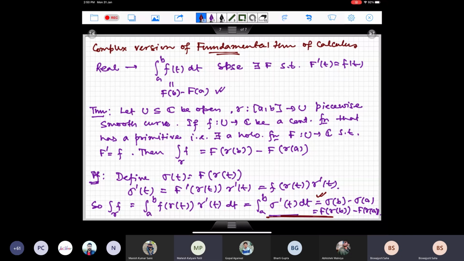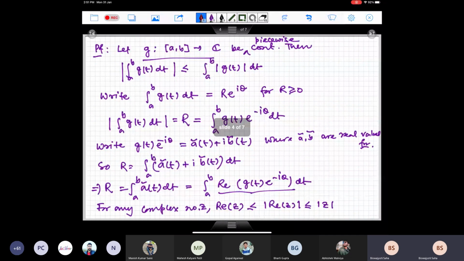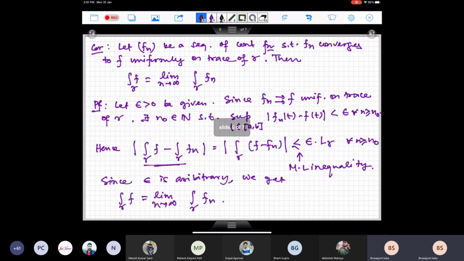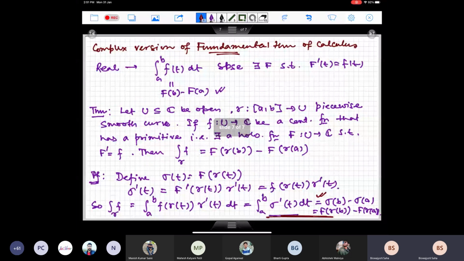Yes, sir. Okay. So this part, please try to complete. For example, the way I showed for the ML inequality, you saw that I had to prove a variant for functions defined on the closed interval [a, b] to C. Similarly, the fundamental theorem of calculus one can also prove for any function from here to here.